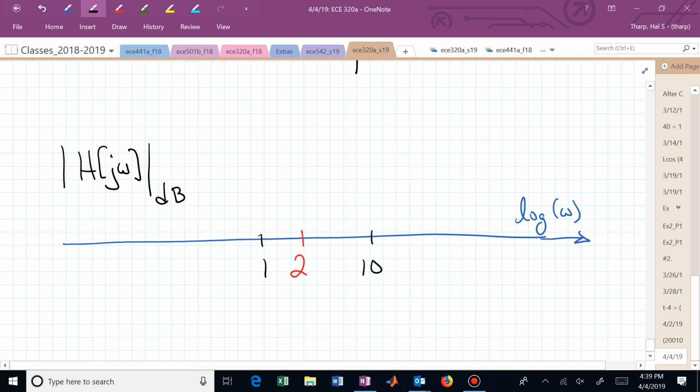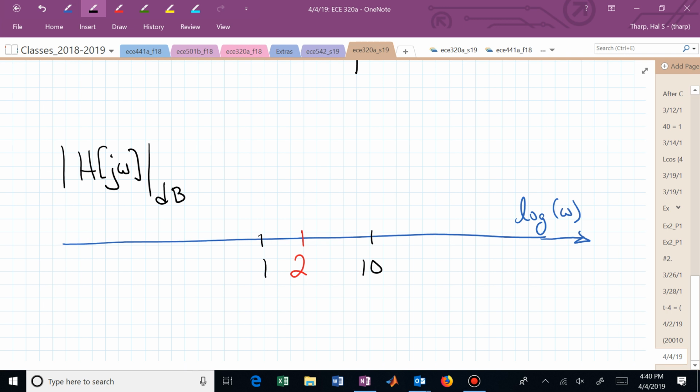So that's 30% of the distance between 1 and 10. If you look at the log of 5, it's going to be a value not half the way between 1 and 10. It's going to be closer to 10. So now we've divided our horizontal, our frequency axis up into log of omega units. So that now if I wanted to put 100 on this, where would I mark it?